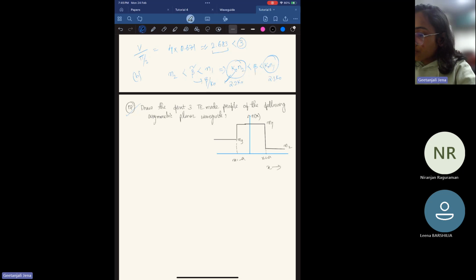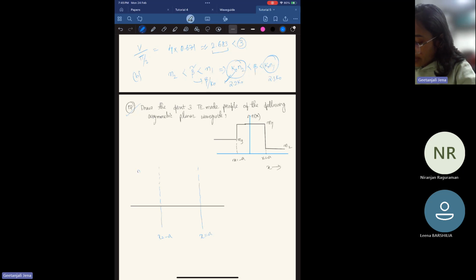So what I mean to say is, if you recall, for the symmetric one, this is x equal to minus a, x equal to a.